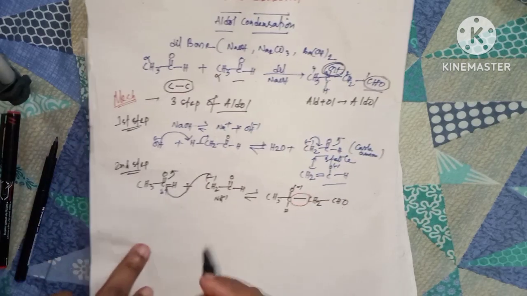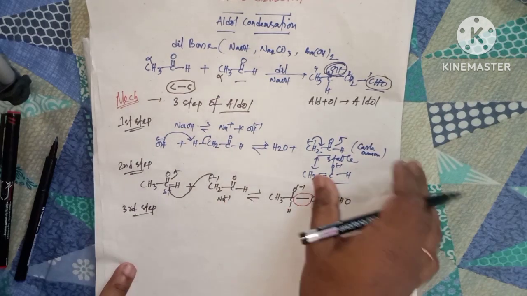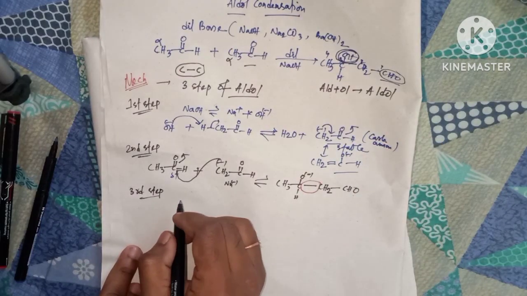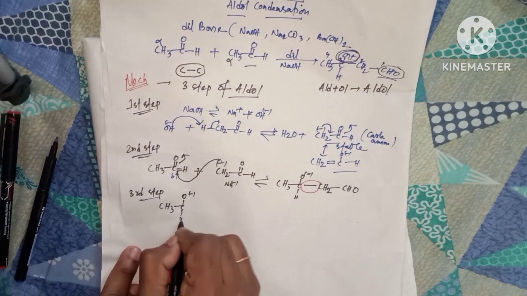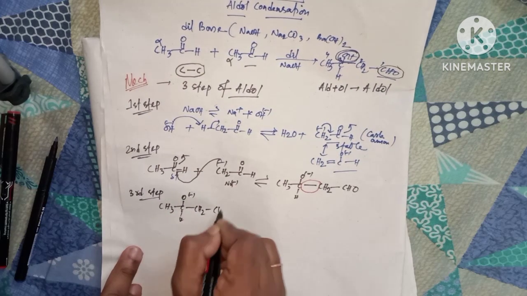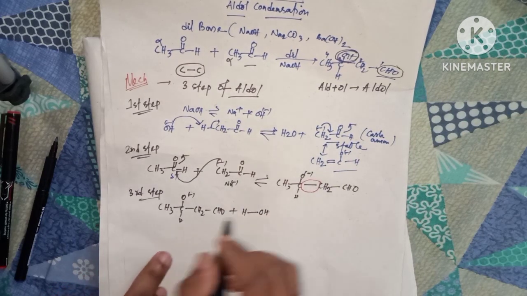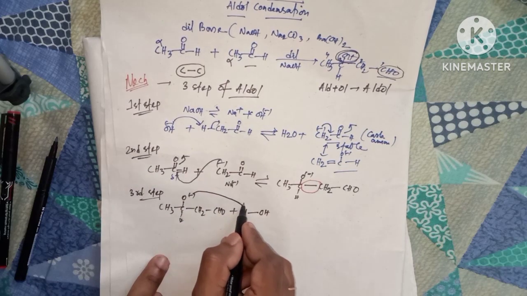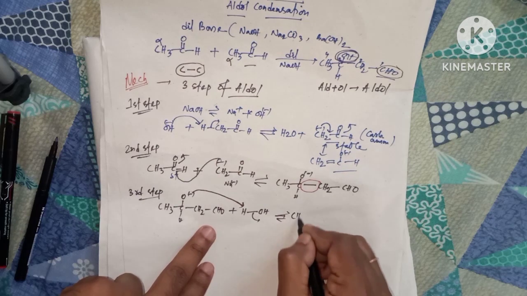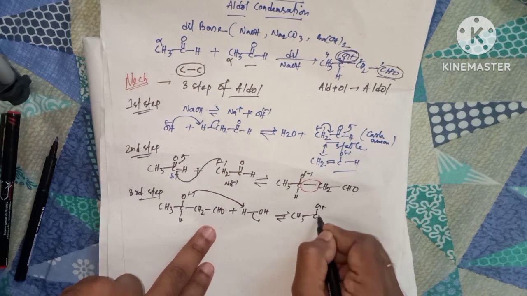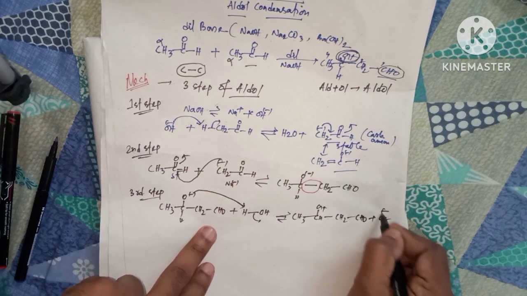And at the third step, we can see that CH3CH(O minus)CH2CHO attacks water, HOH, and forms CH3CH(OH)CH2CHO plus OH minus.